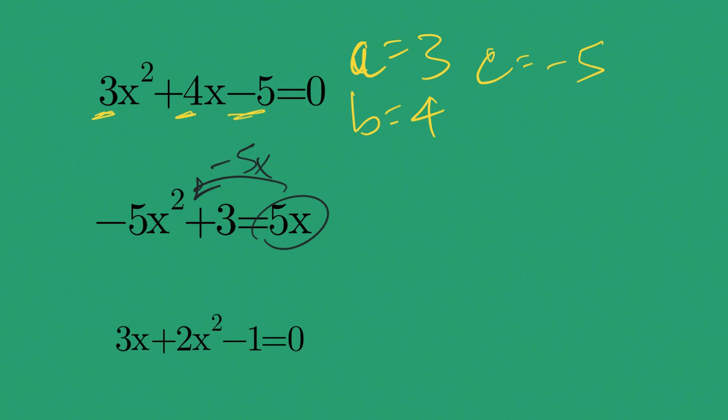There is not. We've got x squared. We have a 3. So here's what we're going to do. We're going to rewrite this -5x squared minus 5x plus 3 equals 0. We're going to put it back in the appropriate order. Okay? The 5x came over, became negative.